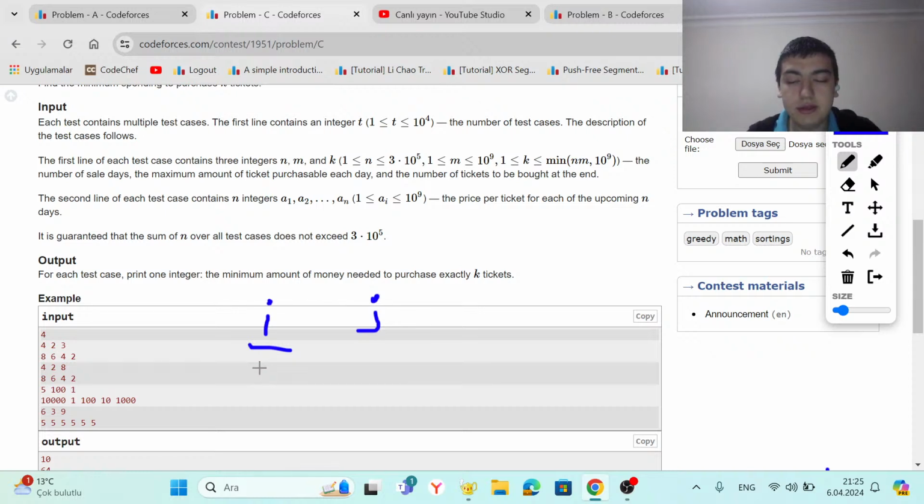Let's say we have bought X tickets here.